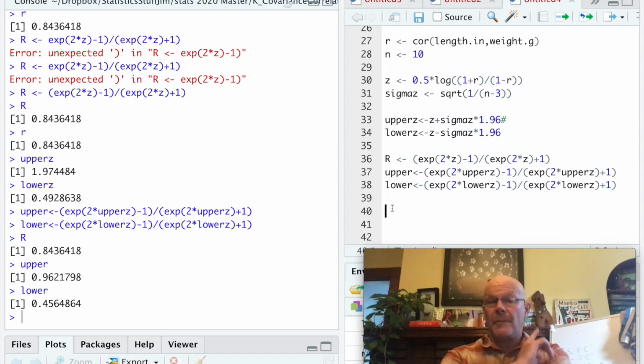I want to point out one thing that sometimes throws people. When we were talking about the 95% confidence interval for the mean, when we were using the standard error, which was our estimate around our estimate of the mean, we decided that it was best to use the t-distribution for calculating 95% confidence intervals to account for our increased uncertainty.